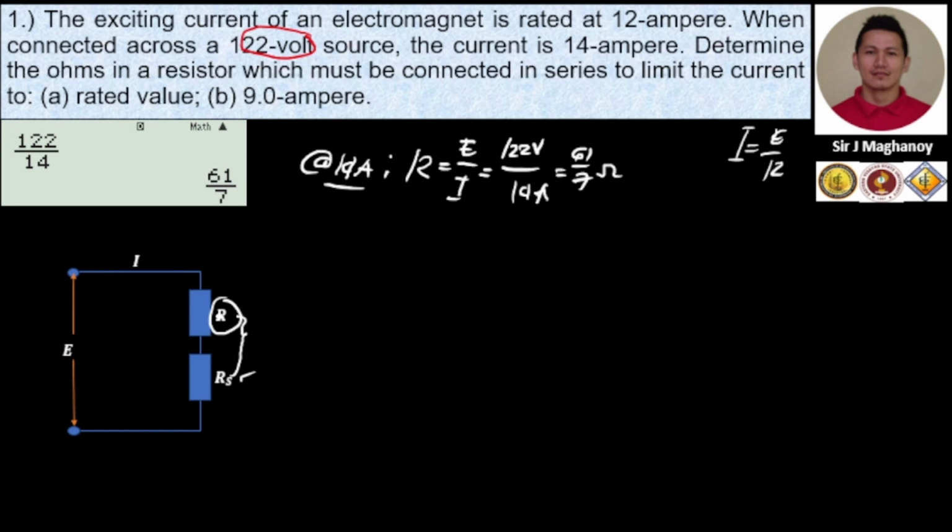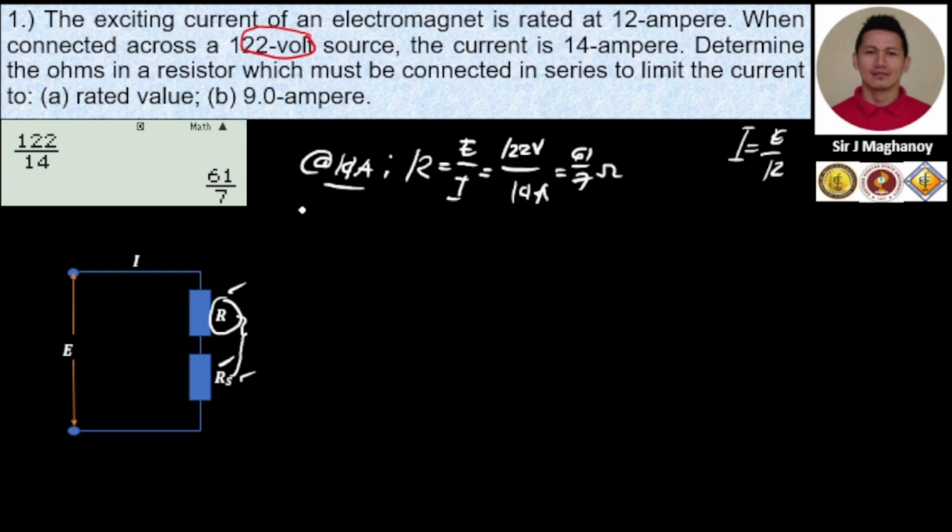Now that we have determined the value of our resistance, we need to determine the value of our series resistor in order to limit the 14 ampere current.